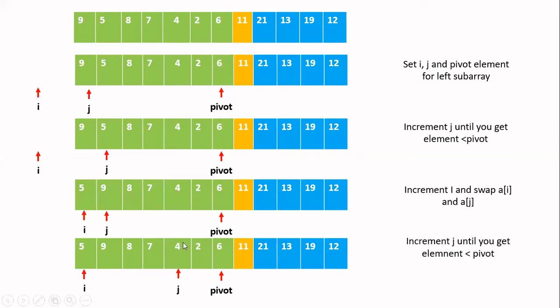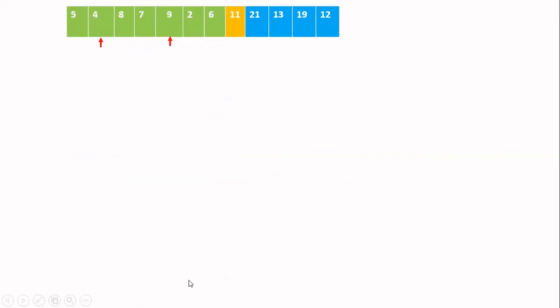I will get 4. 4 is less than the pivot element, which is 6. Since I got an element which is less than the pivot element, I have to stop incrementing j. Now I have to increment i and swap a of i and a of j. So we will go to the next slide.